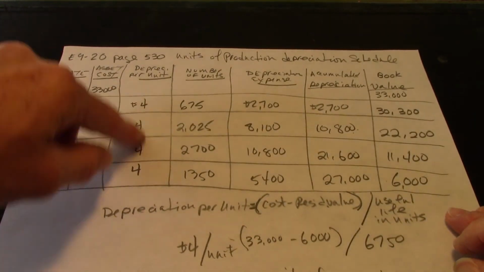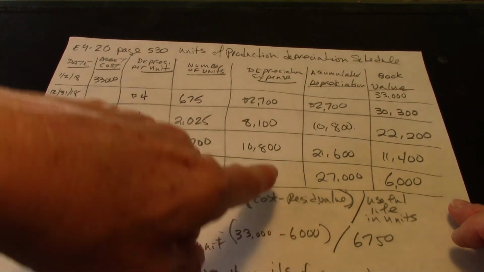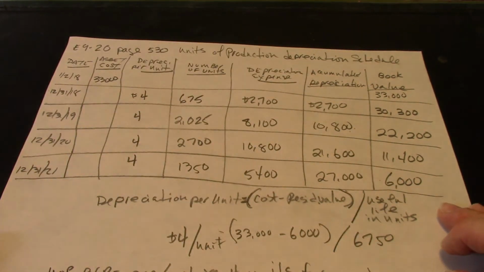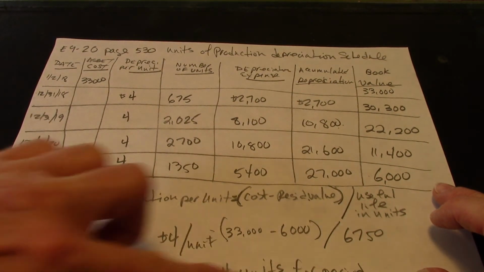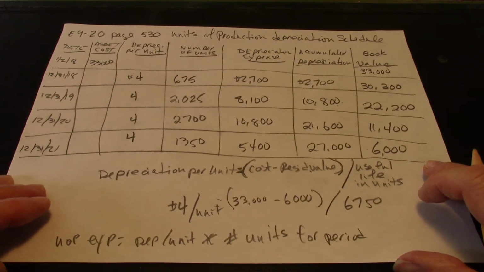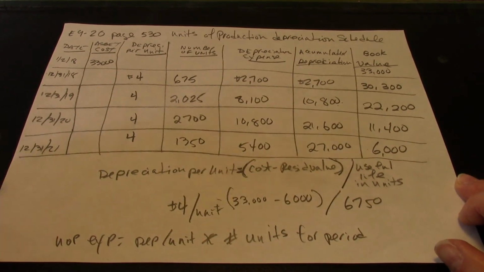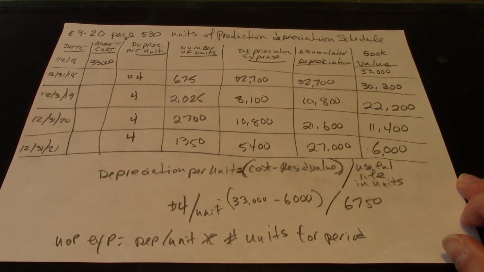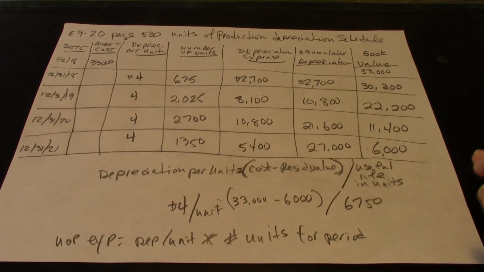Once I've calculated the depreciation per unit, which is simply depreciable cost divided by useful life in units, I can calculate it for any year. All right, so that's units of production. You'll definitely need to understand this concept for the exam. And the next video will be double declining balance.